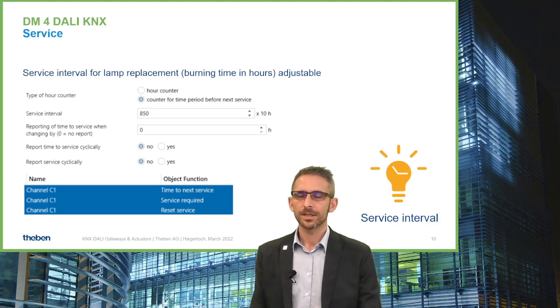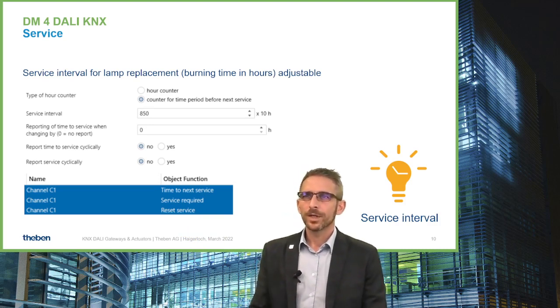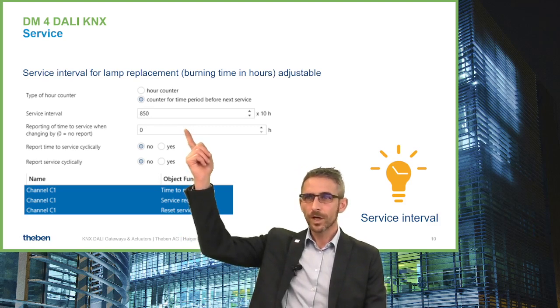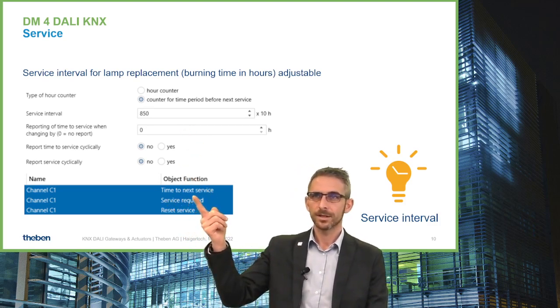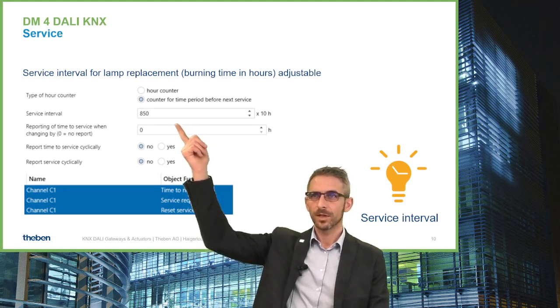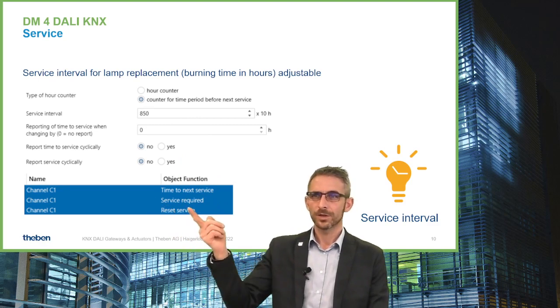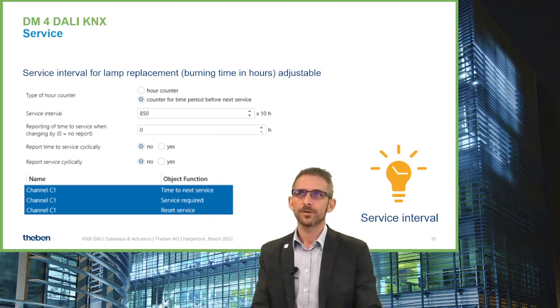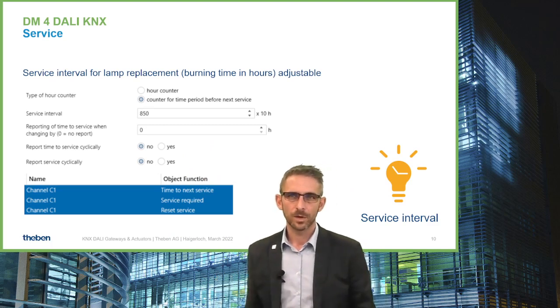It's a 1-bit object. And then we can set a time. We have the possibility to read out the time to the next service, and if the time is reached, for example 8,500 hours, then we get information that a service is required, and for example, we can do a replacement of the lamp or whatever.